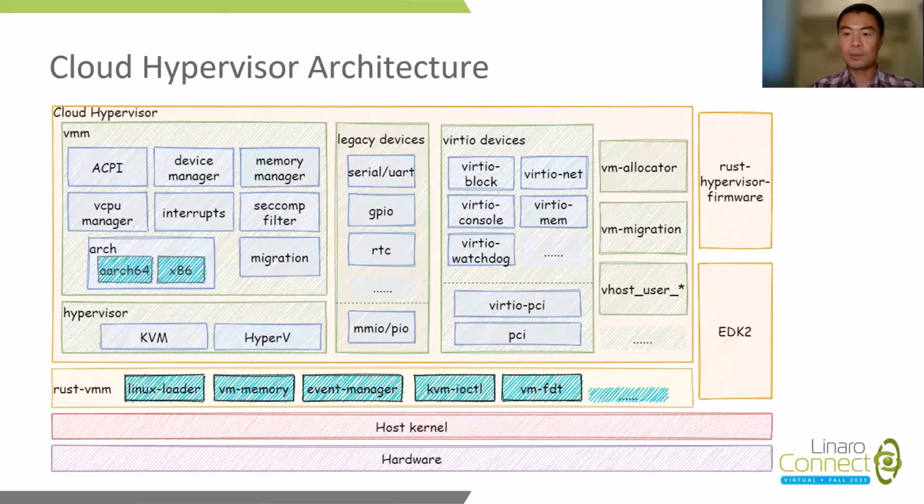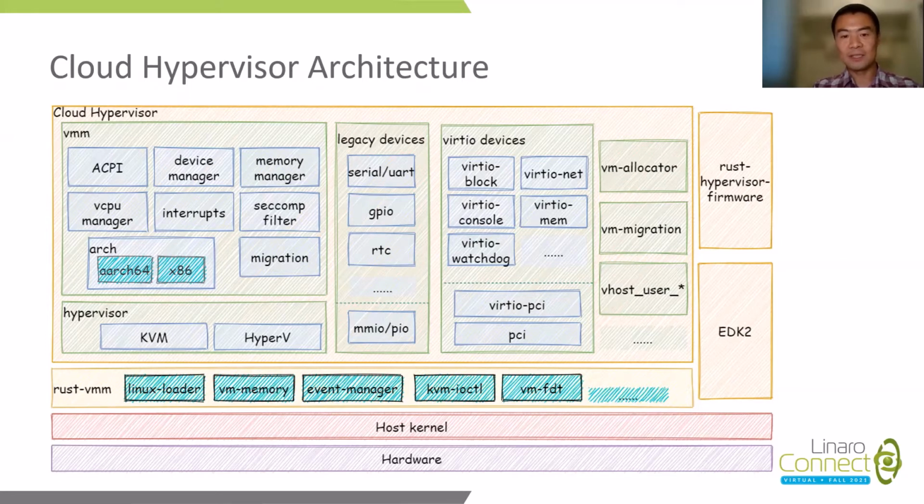We used to support both PCI and MMIO for VirtIO transport layers in the early stage. But now VirtIO PCI is the only option because PCI is predominant in modern operating systems, especially in data centers. Besides the basic VirtIO devices, Cloud Hypervisor supports vhost-user. It can also work as a standalone vhost-user backend.